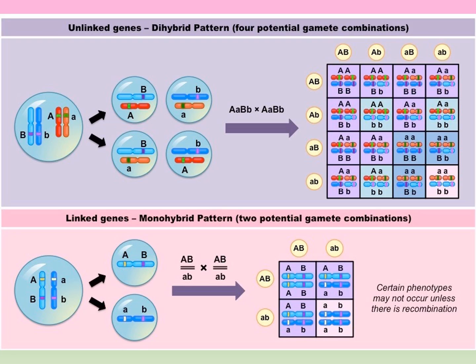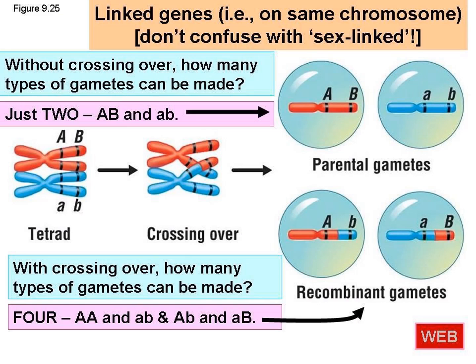So that's what we've been talking about: unlinked genes. What happens if they're linked? That means you can only get 2 combinations, which we call a monohybrid pattern, or only 2 potential gametes. So this is where we may not have certain phenotypes unless we have recombination or crossing over, okay?